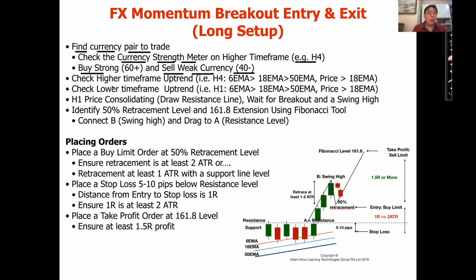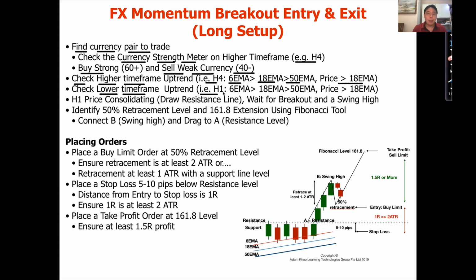So what we do, first of all, is look at the higher time frame chart. When you look at the higher time frame chart, which is H4 in this case, you will see that it's in a very, very clear uptrend. The 6 EMA above the 18 EMA, 18 above 50, and the price clearly above the 18 EMA. You will definitely see that. And then you drill down one time frame lower, which in this case will be H1.